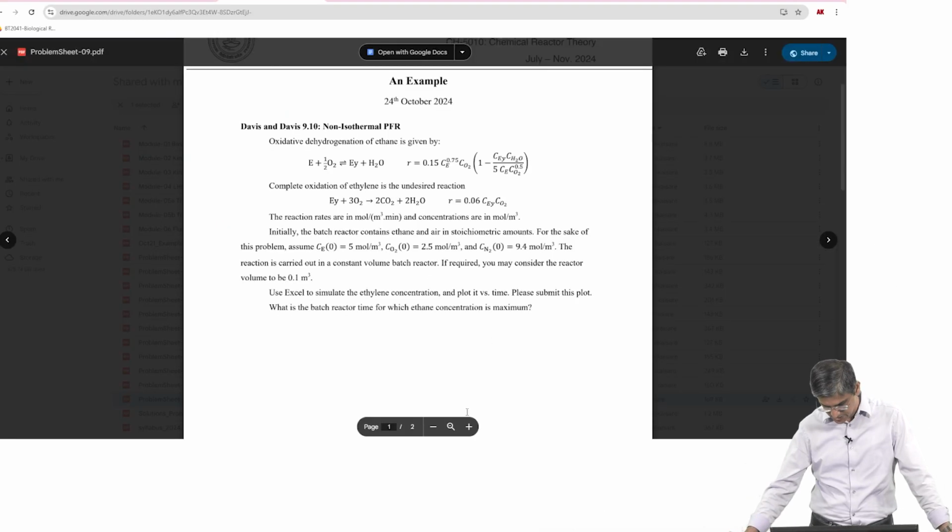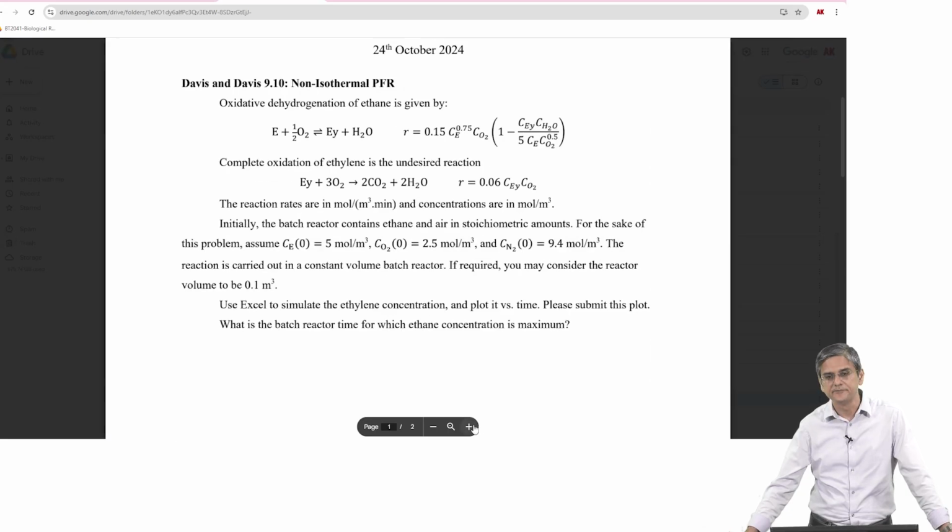So this is the example that we will take. Why? No reason. It's just that we will solve using Excel. So we'll take up an example that has a direct research and industrial significance.